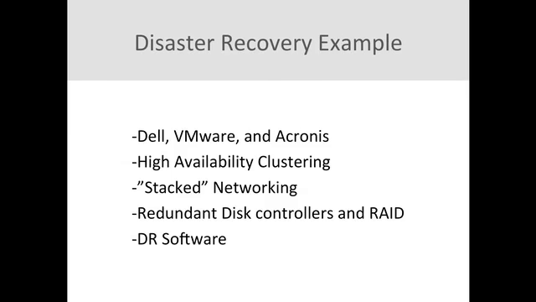Our physical servers are in a high availability cluster where if one fails, the other one picks it up directly. We have stacked networking where we have multiple switches physically connected together, but they're seen as one logical switch.